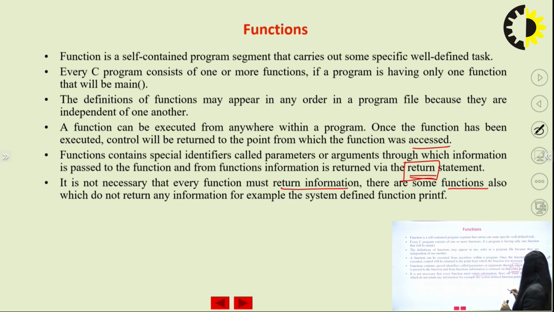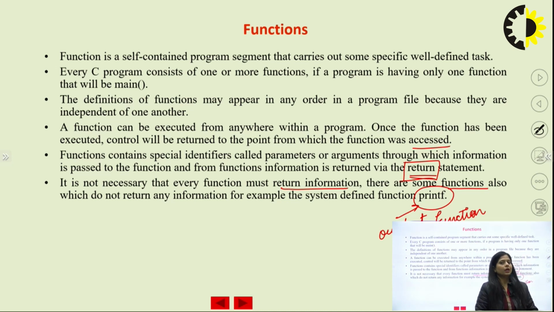For example, the system defined function printf. Printf is an output function. Why is it an output function? Because with the help of a printf statement, we display some value.